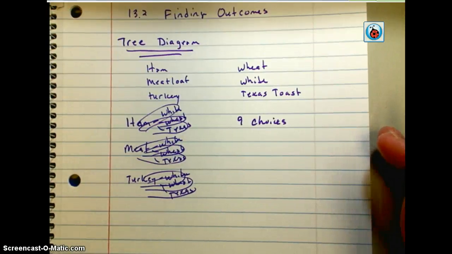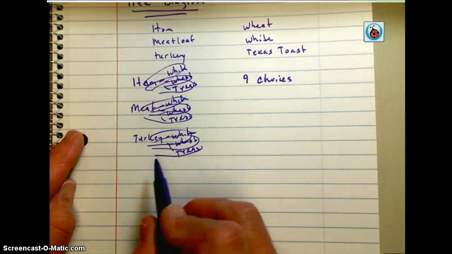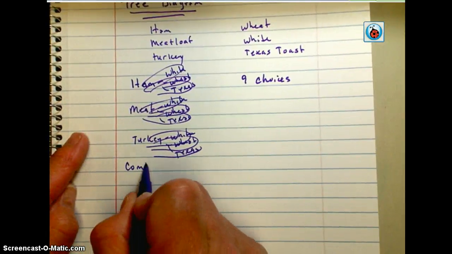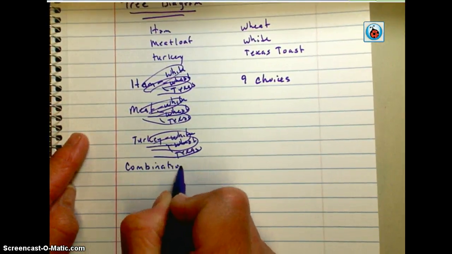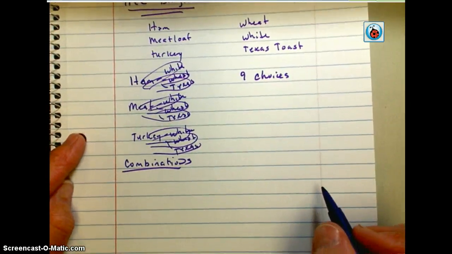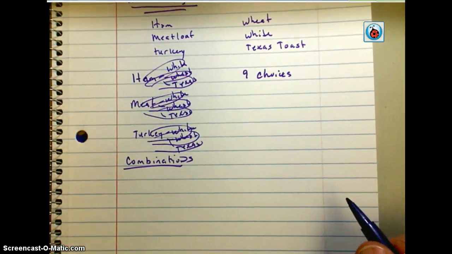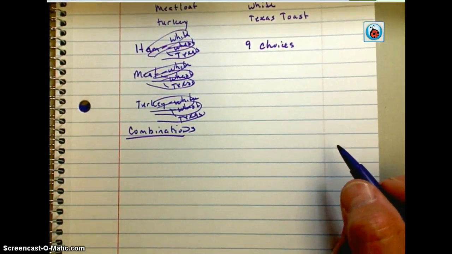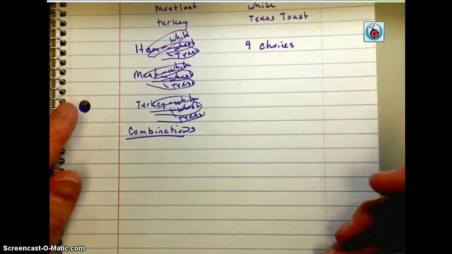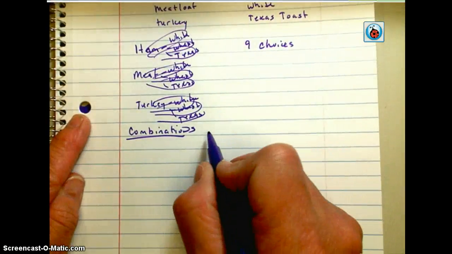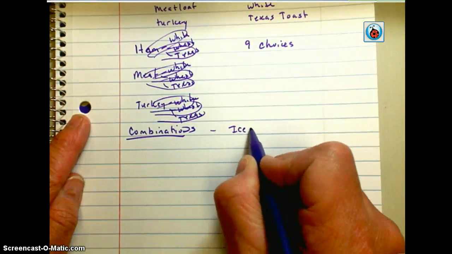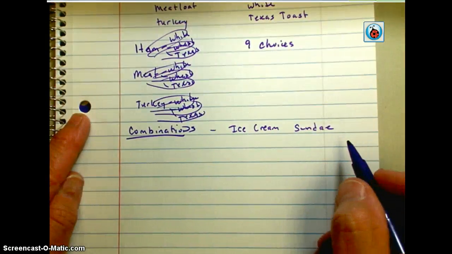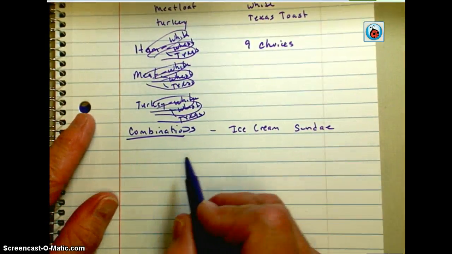Now, sometimes we can use combinations, and finding combinations is another way to find possible outcomes. Let's say we have a build-your-own ice cream sundae. We're going to make a table for this.